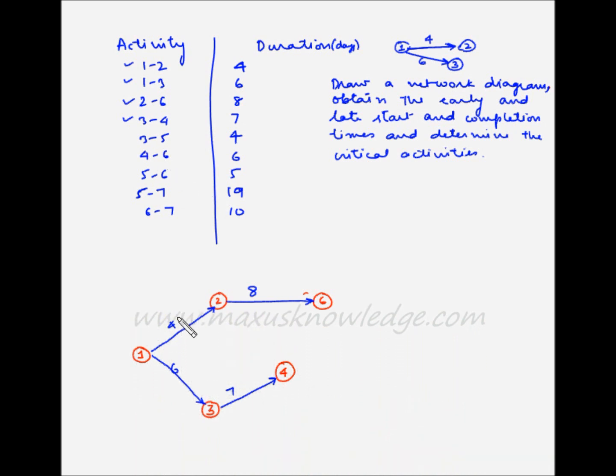Next is 3 to 5. So let's draw 5, and this is the activity 3 to 5 which has a duration of 4 days. So here we have completed 3 to 5.